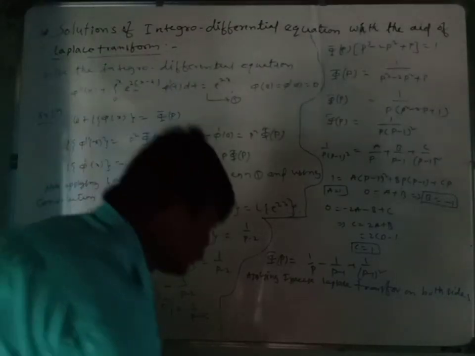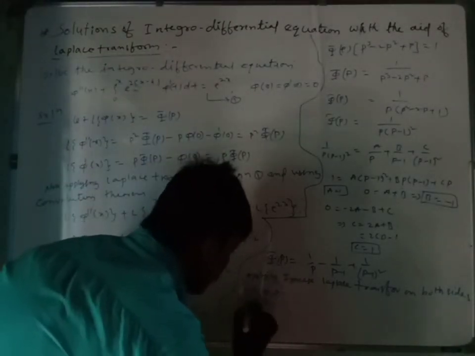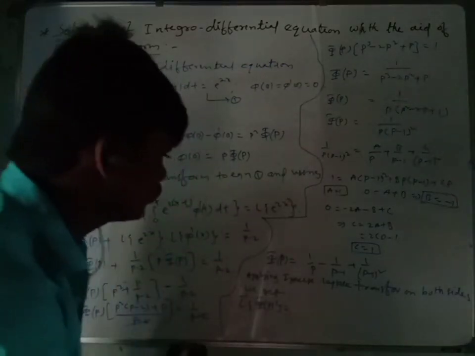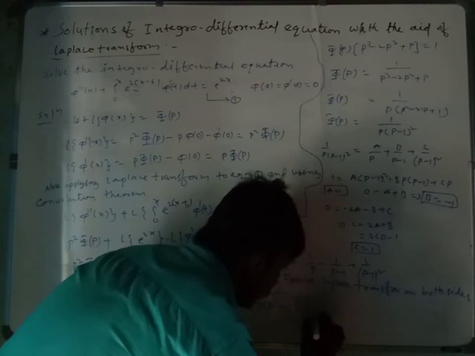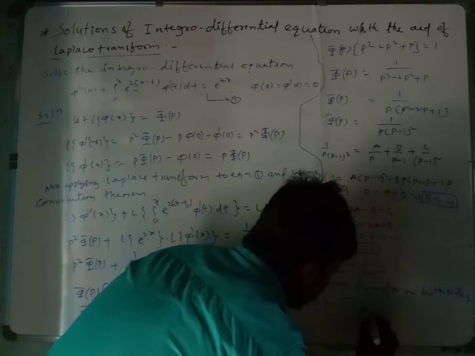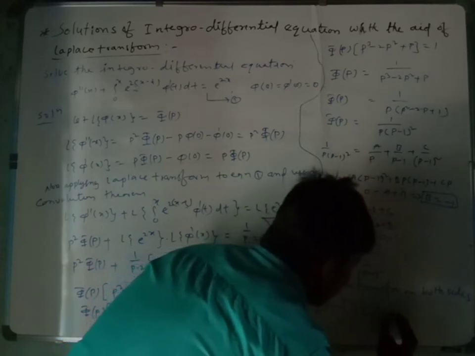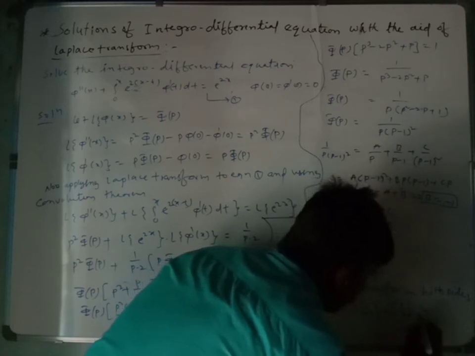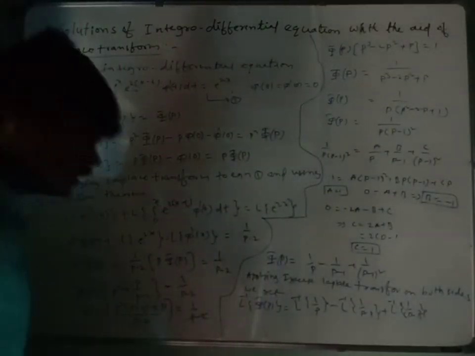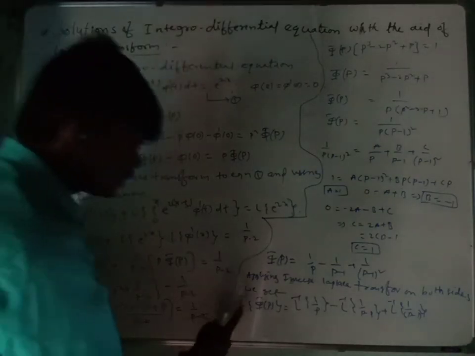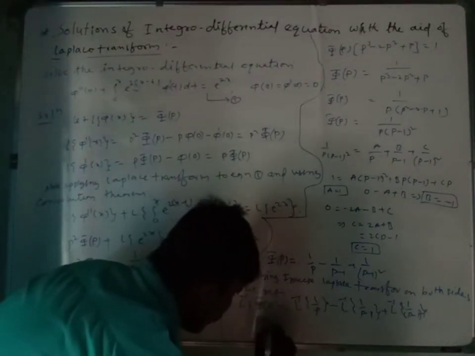We get inverse Laplace transform of capital phi of p equal to inverse Laplace transform of 1 upon p minus inverse Laplace transform of 1 upon p minus 1 plus inverse Laplace transform of 1 upon p minus 1 whole square. Inverse Laplace transform of capital phi of p equals phi of x.